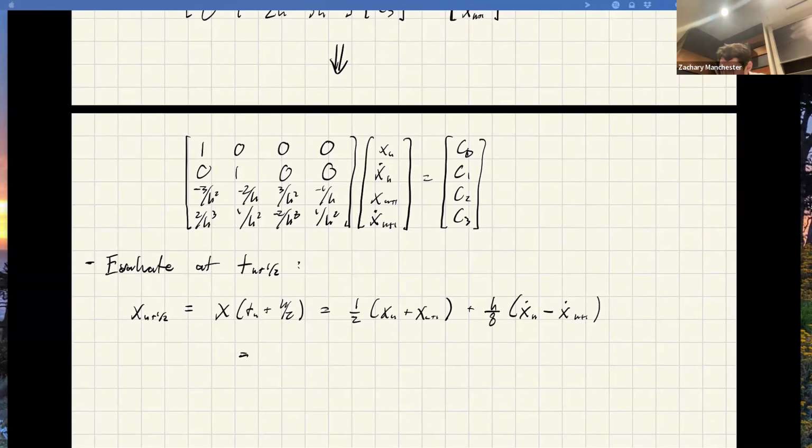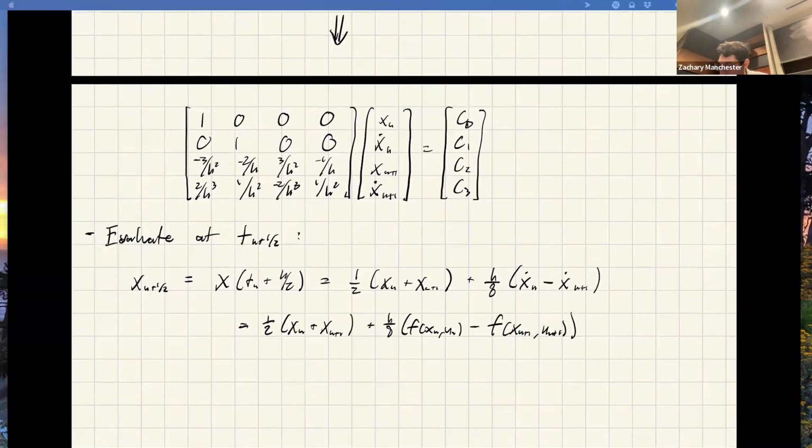So this is going to be x_{k+1} plus h over 8, and now I plug in f(x_k, u_k) minus f(x_{k+1}, u_{k+1}).